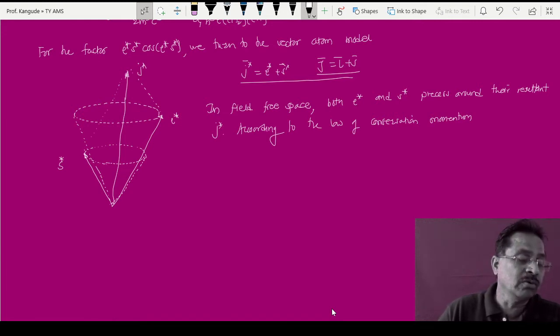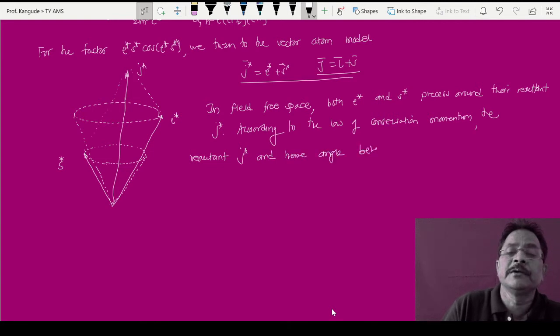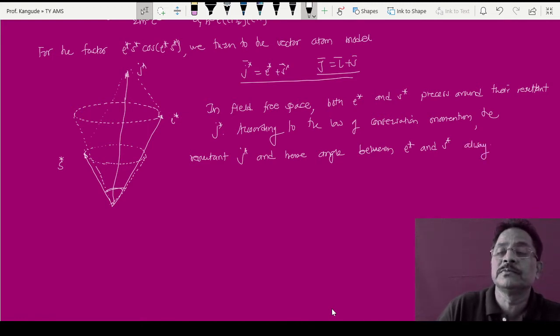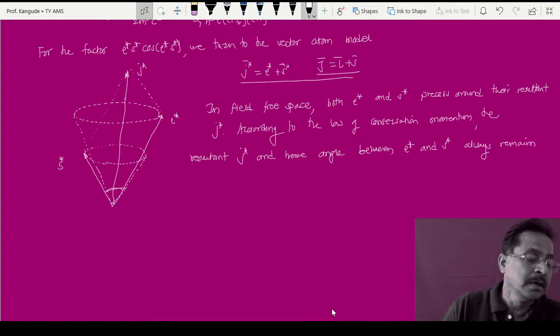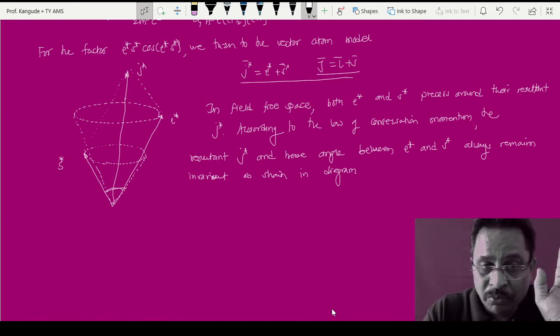According to the conservation of angular momentum, the resultant J star, and hence the angle between L star and S star, always remains invariant, as shown in the diagram. Remember, that's why we could draw this diagram here.